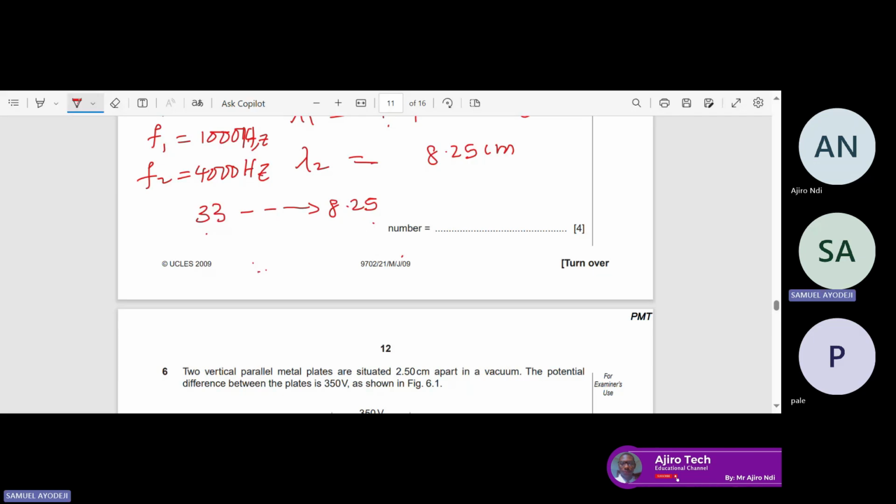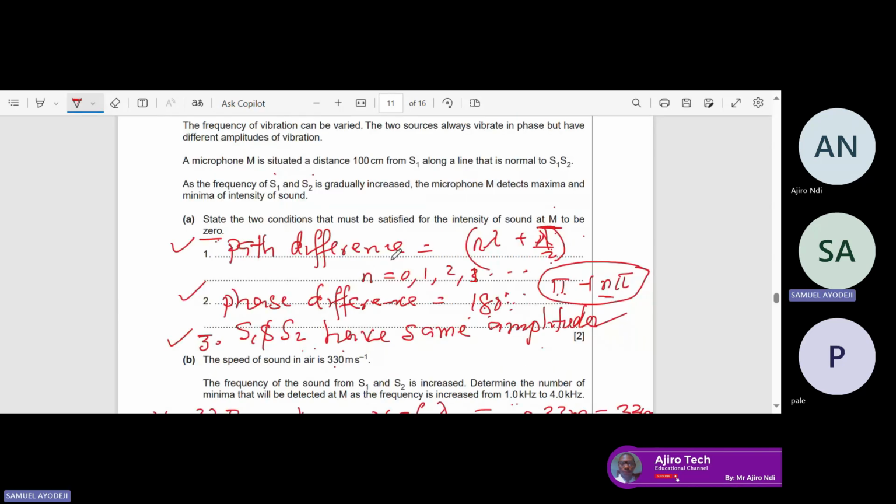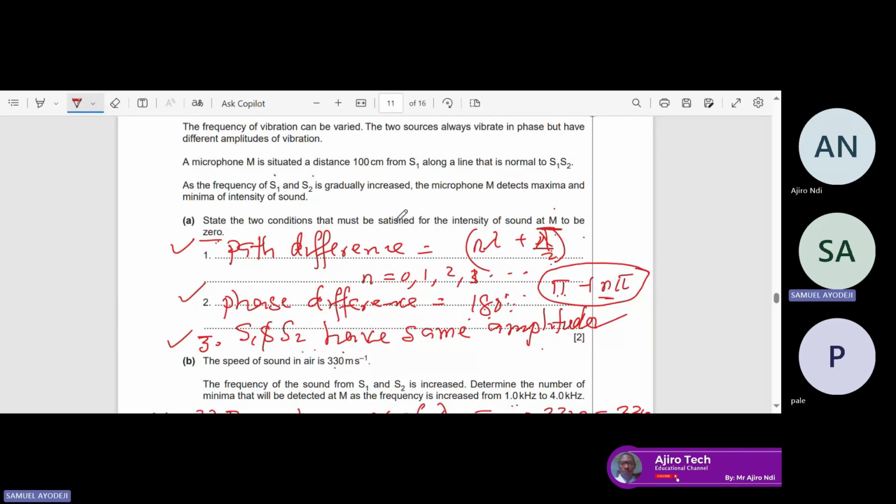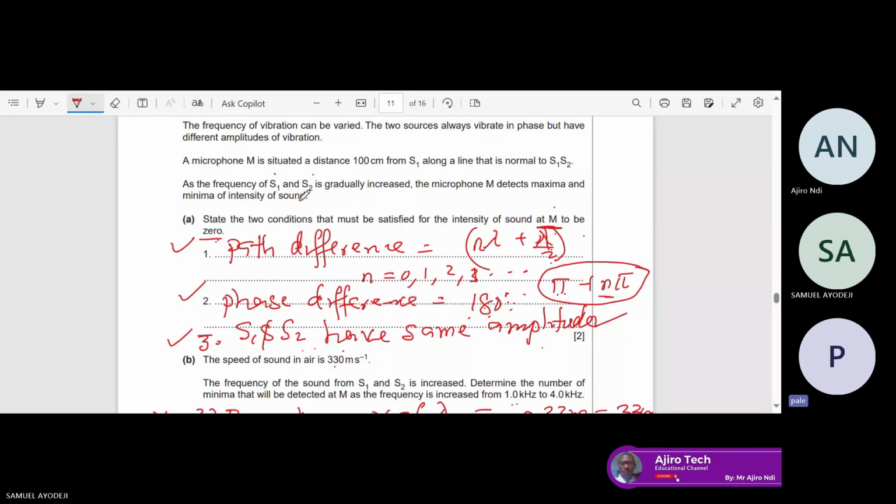There's something I want to do here. So if I have one wavelength, let me see it again. Let me see, I need something here too. It has been confirmed here.